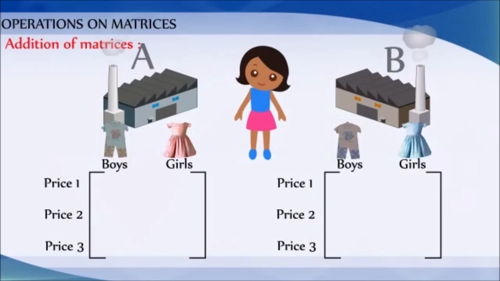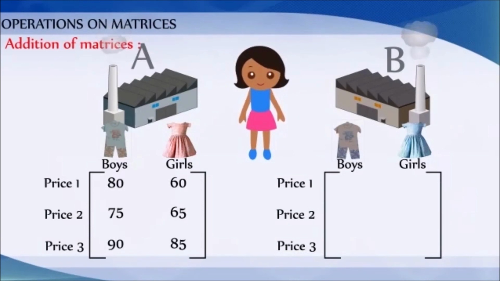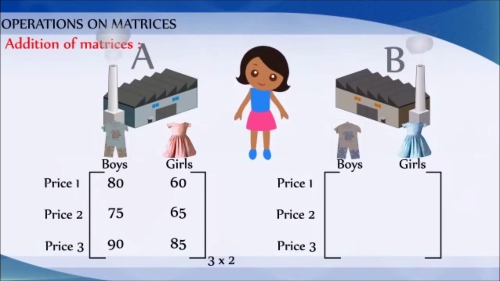Let the two columns represent boys and girls and the three rows represent the cost. The production details at factory A can be represented by a 3 by 2 matrix as 80, 60, 75, 65, 90 and 85, and the order of this matrix is 3 by 2.